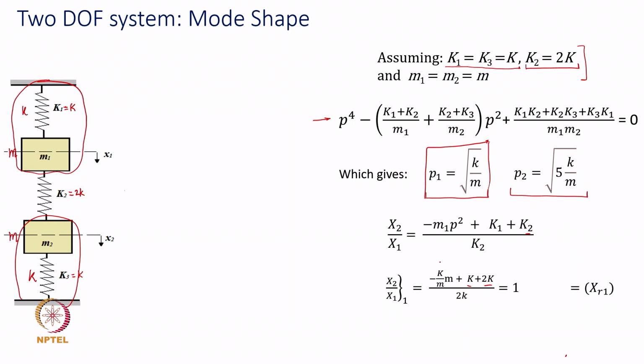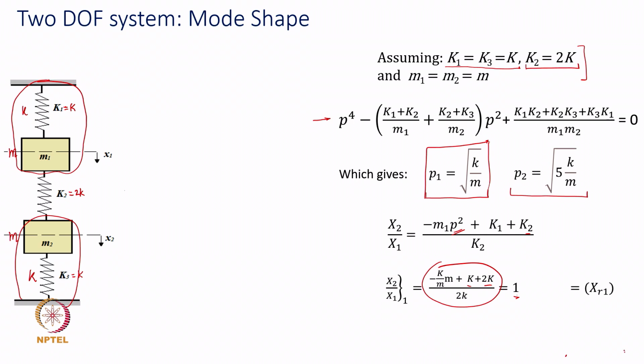So, what I am doing here is substituting for p square as p1 square, which is k over m, and you can see that when I substitute that, this entire expression evaluates to 1. You can just cross check it yourself.